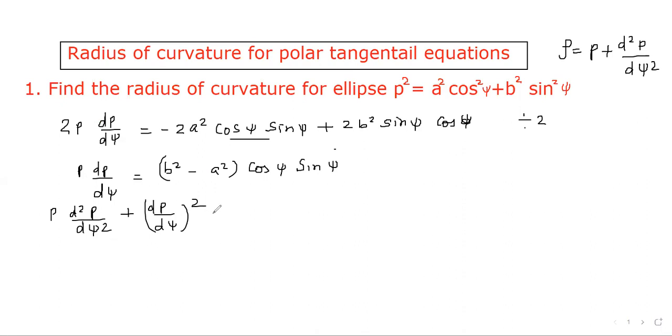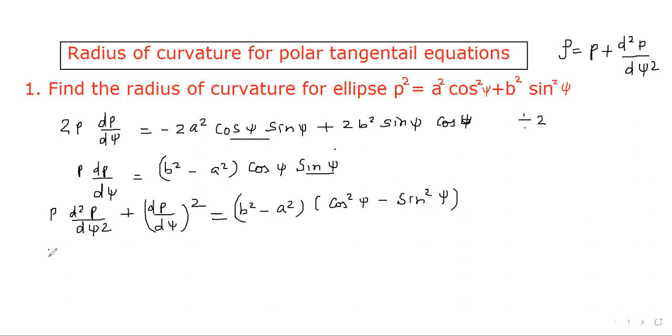Now, here the RHS will become (b² − a²) times, we apply the product rule: sinψ will give cosψ, so we can write cos²ψ, and then this will give minus sinψ, so it will become minus sin²ψ. Now we can shift this term to the RHS.